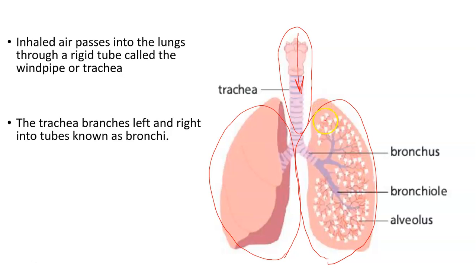The trachea branches left and right into tubes known as bronchi, and each of these is called a bronchus. Bronchi is like nuclei, with the I showing the plural form of the word.